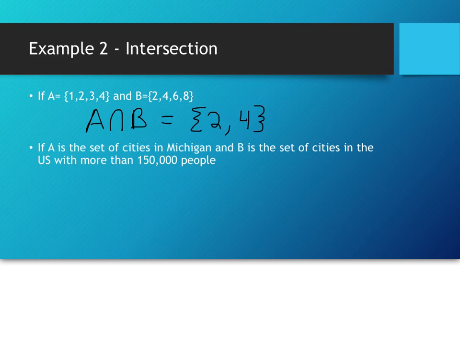And B is the set of cities in the United States with more than 150,000 people. So B has things in it like New York, Chicago, Los Angeles, bigger cities, right? Then what would you say is the intersection of A and B?